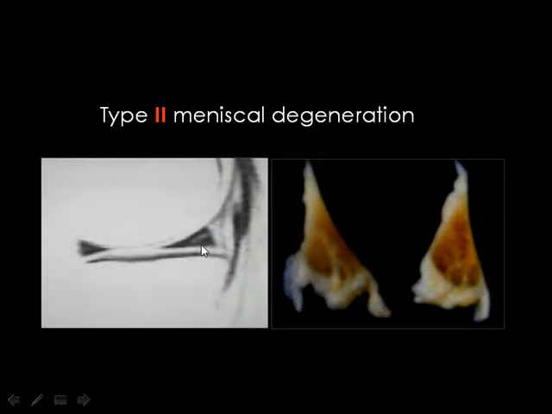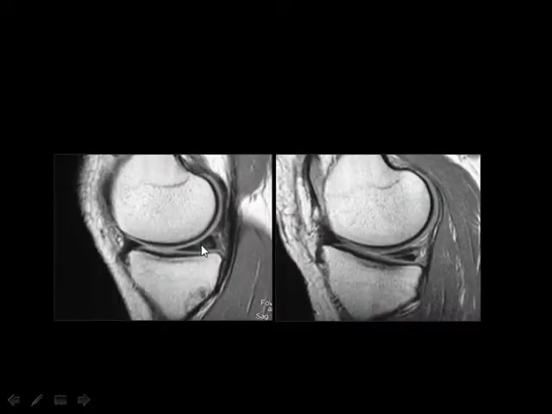Then this is degeneration, okay. Then if you look here, you see this is degeneration and this is tear. If the tear is horizontal, it's known as horizontal tear, which is usually degenerative. And if the tear is vertical like this, this is known as vertical tear, which is usually post-traumatic.